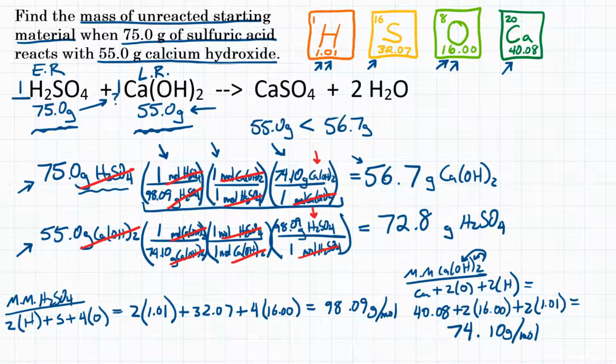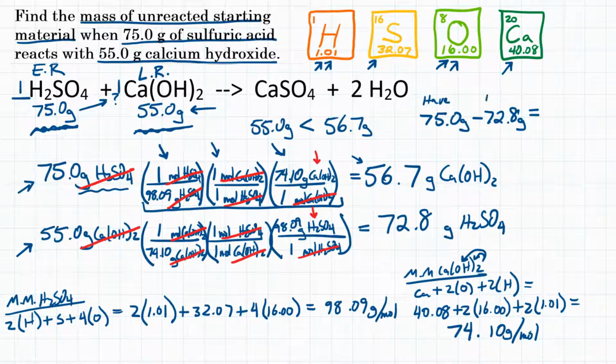Now we have 75 grams of H2SO4 that we were given in the problem. So if we subtract the 72.8 grams of sulfuric acid that will actually react, we will get how much is left over or unreacted. So this is how much we have, 75 grams.